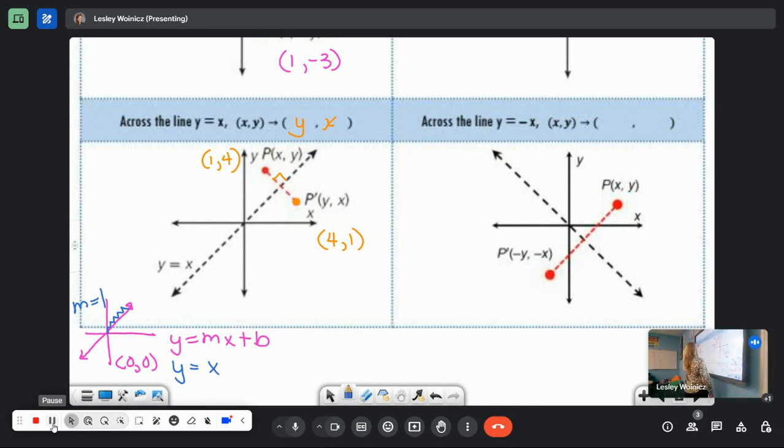So, what's the slope of this line? -1, but you can see it has the same y-intercept, right? Because it goes right through the origin. So on this one, our m equals -1. All right, so here's my P. That looks like (3, 1). Same distance away on the opposite side of my line of reflection. Perpendicular.